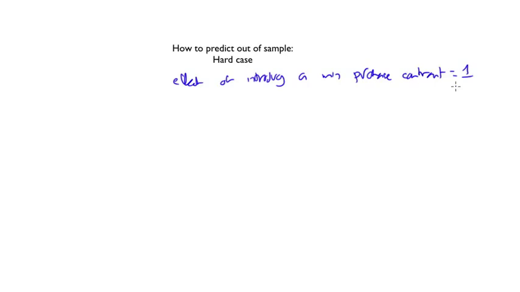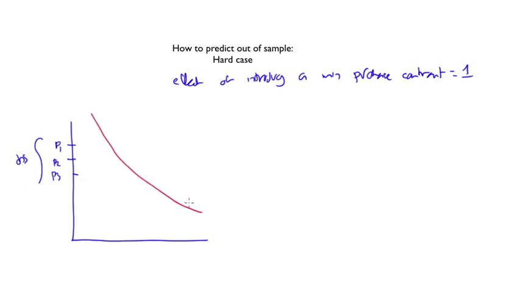In some cases, and maybe we should call those the hard but not too hard cases, what you can do is the following. Suppose that again we have observed prices P1, P2, and P3. This is the observed. And by the way, we have observed those without any restrictions. Based on that, we estimate what the demand function is at any price, again without any restrictions.